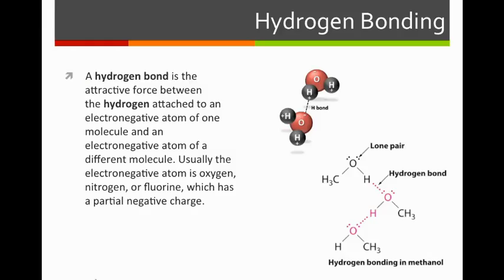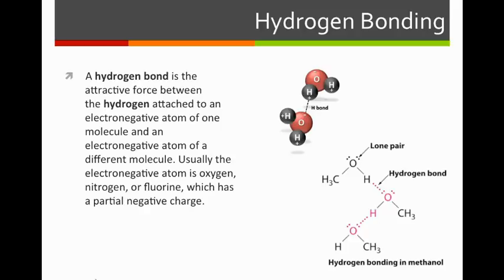The third and last kind of intermolecular force is hydrogen bonding. And hydrogen bonding is where we have a hydrogen atom that is attracted to an electronegative atom of a different molecule.